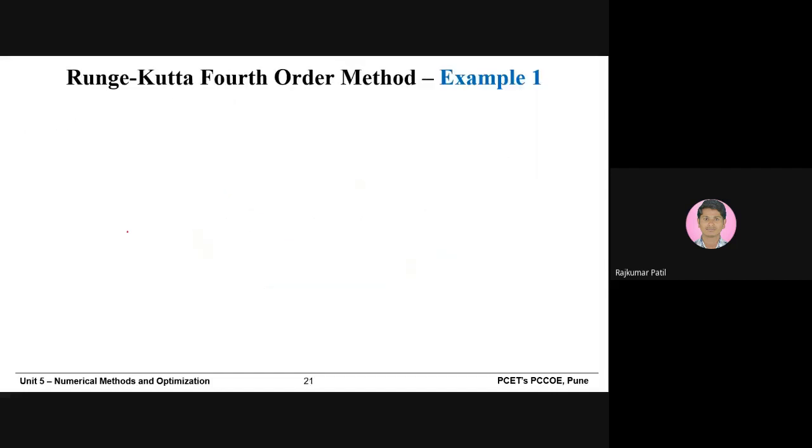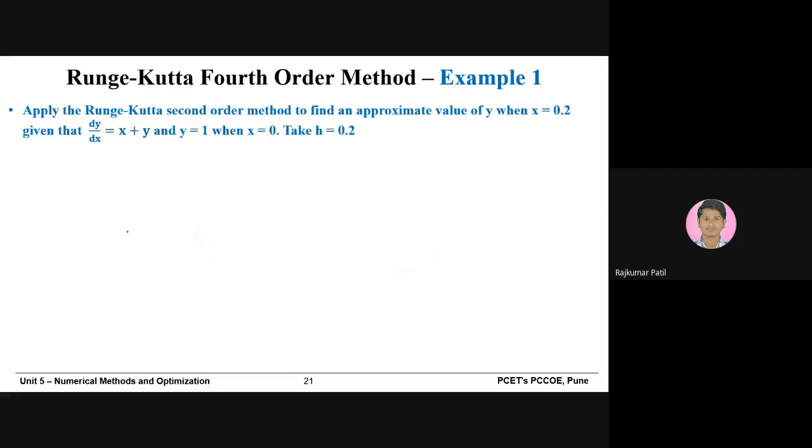Before moving ahead, we will see one example. Apply the Runge-Kutta second order method to find an approximate value of y when x is equal to 0.2. So you need to find y when x is 0.2, given that dy by dx is x plus y and y is equal to 1 when x is equal to 0.